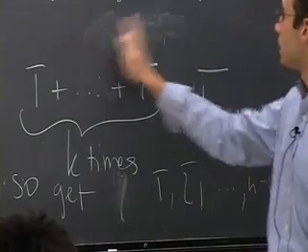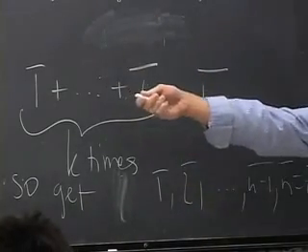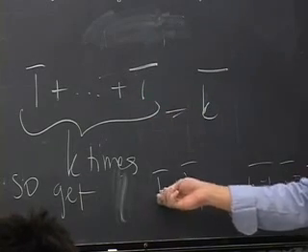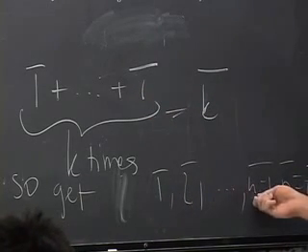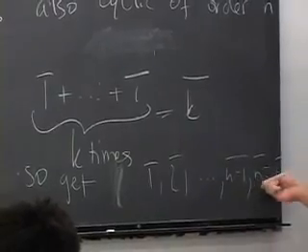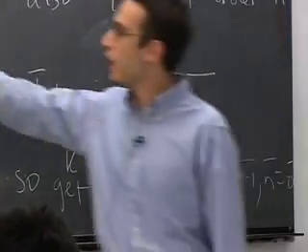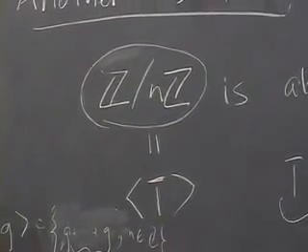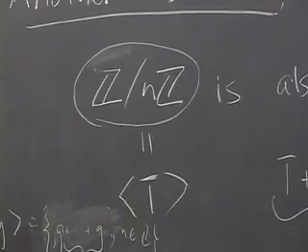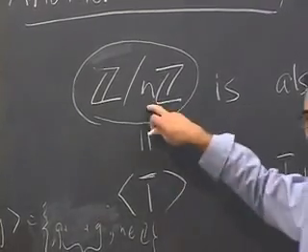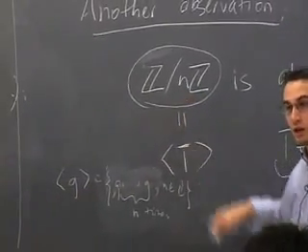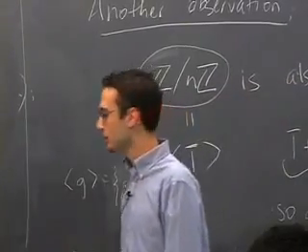So that's k bar. So in particular, I have in the cyclic subgroup generated by 1 bar, 1 bar, 2 bar, all the way up to n minus 1 bar and n bar, which is 0. But we saw before that exhausts all of the elements of Z mod nZ. So if everything that's in here is in here, then these must be equal. Is that clear? Great.